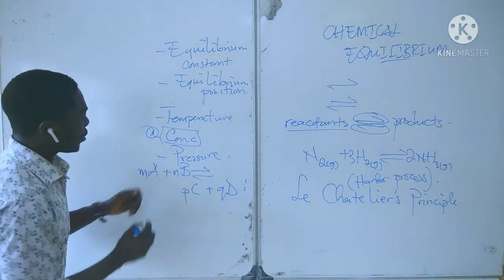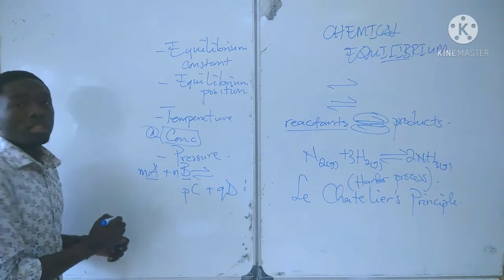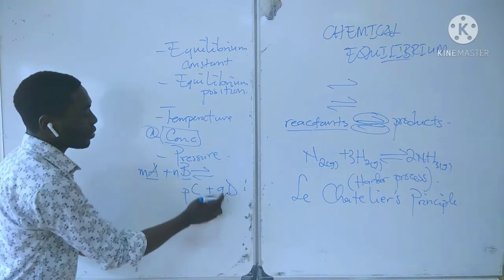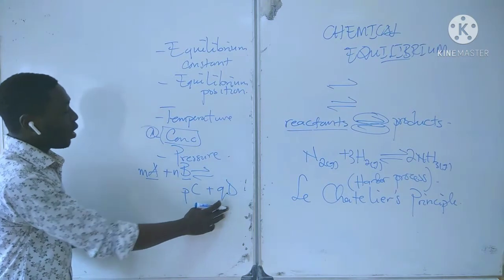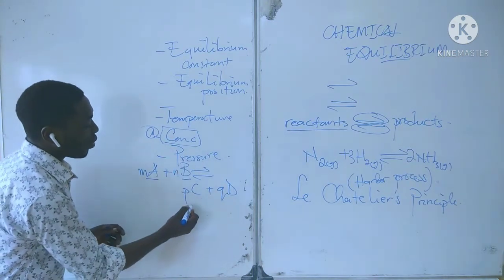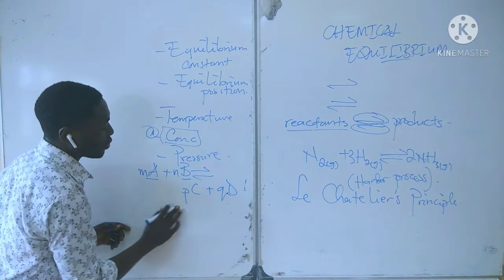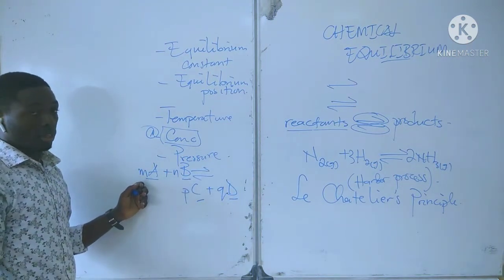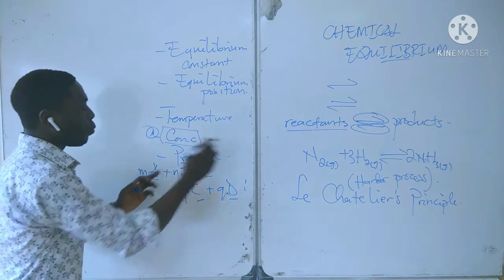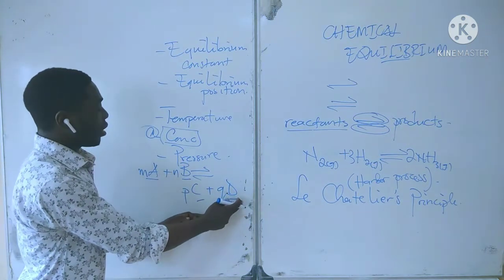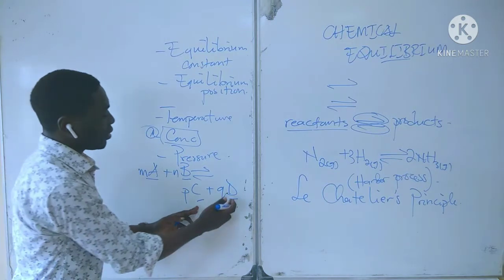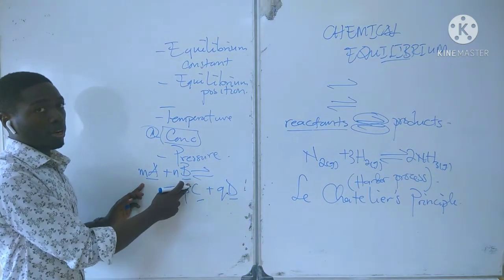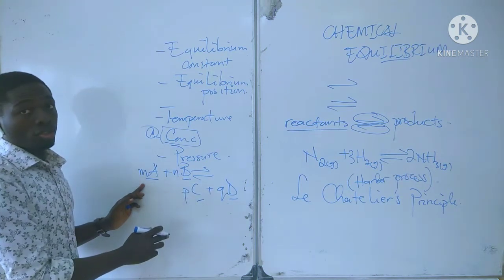If I increase the concentration of either A or B, the equilibrium position is going to shift to the right. If I increase the concentration of C or D, the equilibrium position will shift to the left. So if I increase A or B, more of C and D will be formed. On the other hand, if I increase C or D, more of A and B will be formed. That's the simple thing about concentration.